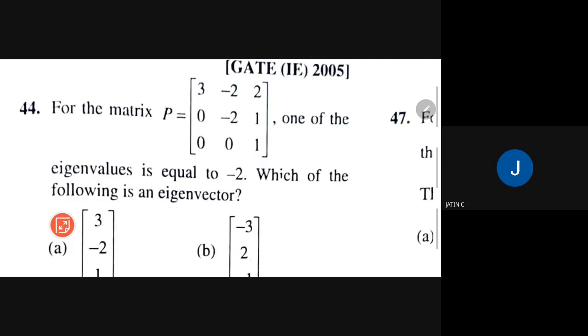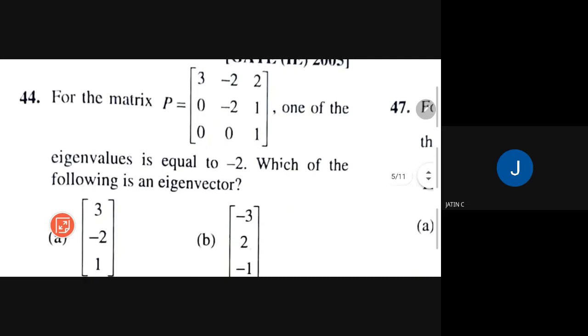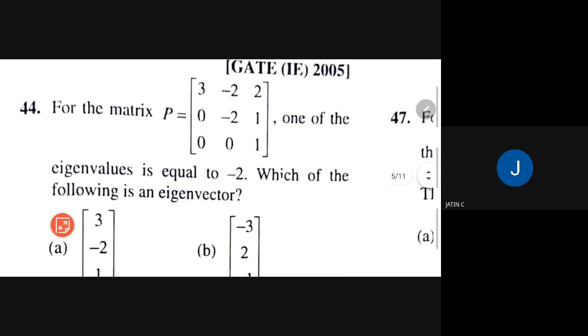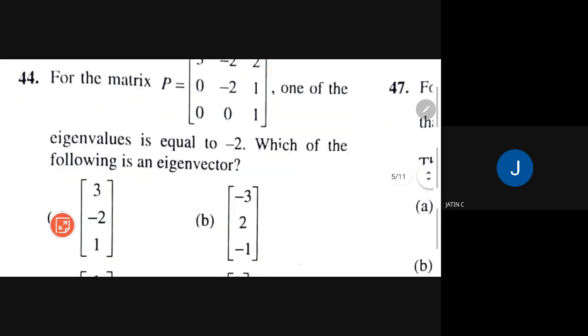Which of the following is an eigenvector of the matrix? Eigenvalue is equal to -2, he says. So you just simply multiply this matrix by A and see whether it is a multiple of -2. Like that, you have to check the B, C, D choices.